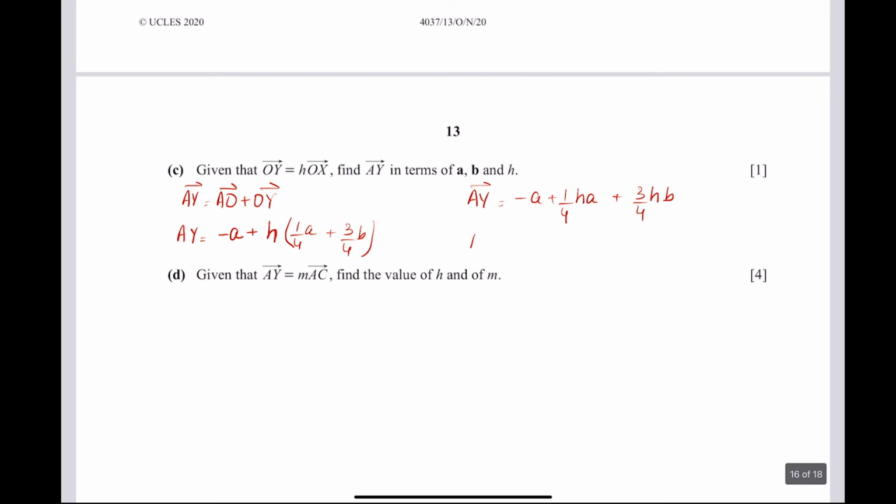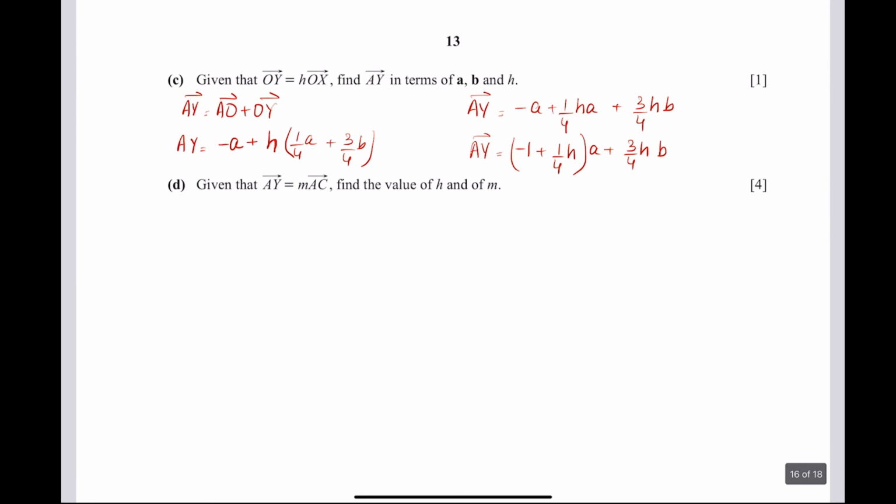And then if you want, you can take A common. So that's going to be minus 1 plus 1 upon 4H times A plus 3 upon 4H times B. Okay, so there you go. That's AY simplified.